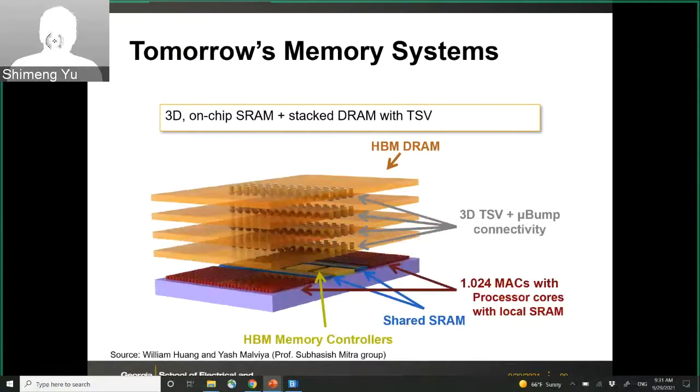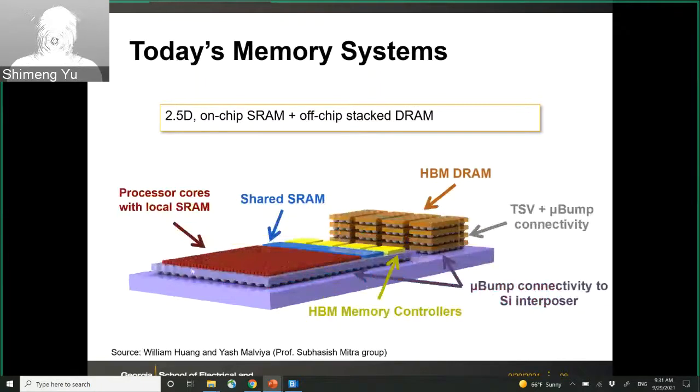And then if you project to the future, we can have a truly vertical stack, because still in this one you have the processor and memory separated out in a two-dimensional space. So this is more like 2.5D integration, because in this case the memory stack is already vertical 3D, but the processor die is still on the 2D space.